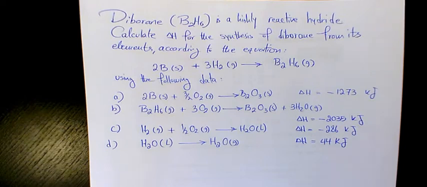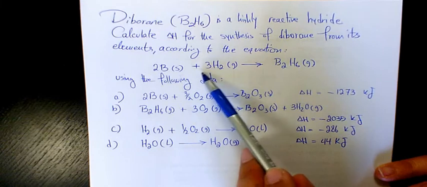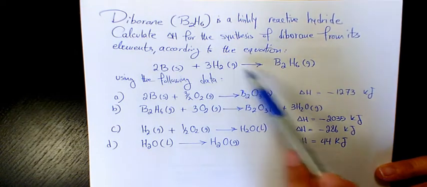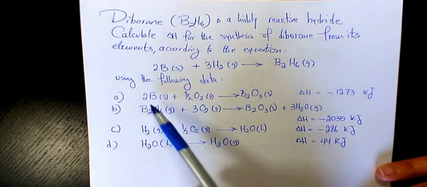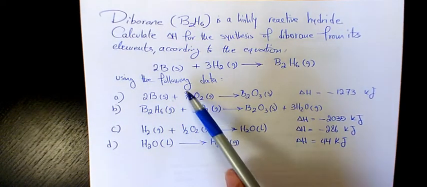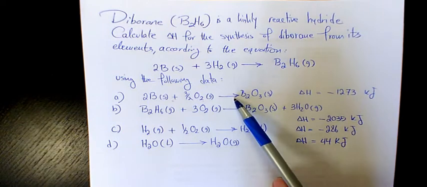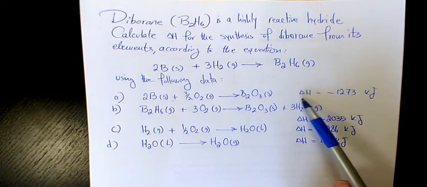Calculate delta H for the synthesis of diborane from its elements. According to the equation, 2B in solid phase plus 3H2 in gas phase is going to give us B2H6 in gas phase. Using the following data, 2B in solid phase plus 3/2 O2 gives us B2O3 in solid form.